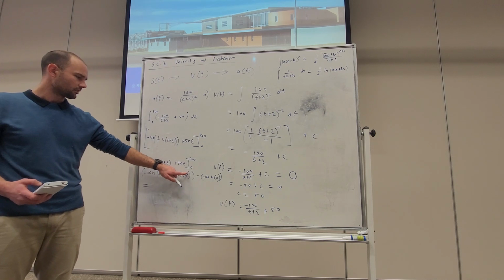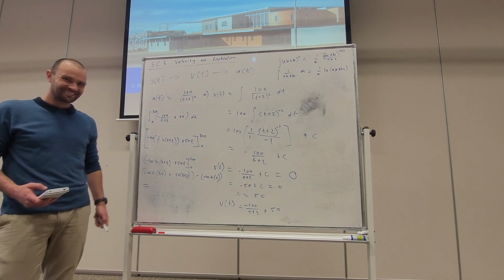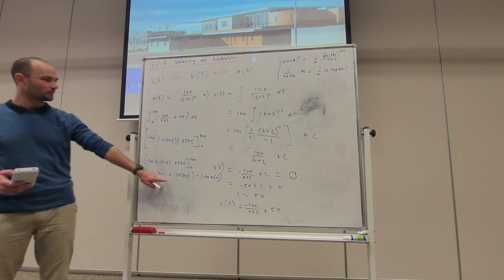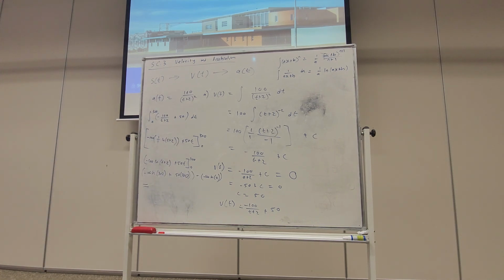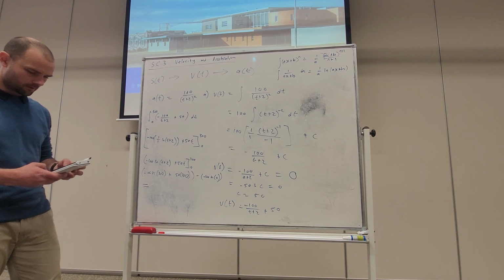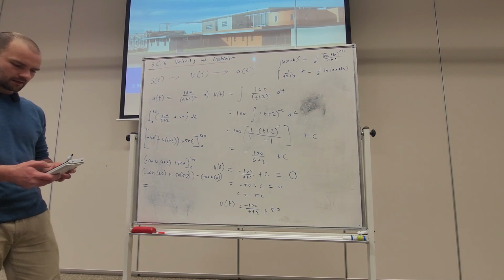This one, 300. Yeah, good. Rather than typing all of this in, let's evaluate this statement. Just in your calculator mode, type in the function minus 100 on top of x plus 2, plus 50, from 0 to 300.